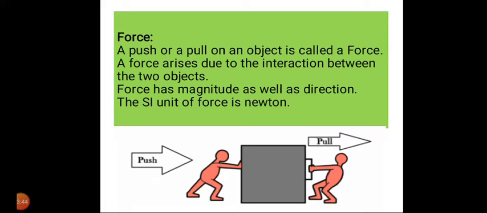Now force has magnitude as well as direction. Magnitude means the strength, and the direction or the magnitude of the applied force can change. When the magnitude changes, then its effect will also change. Now the SI unit of force is Newton.